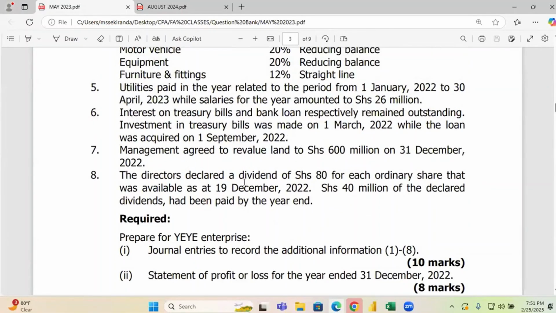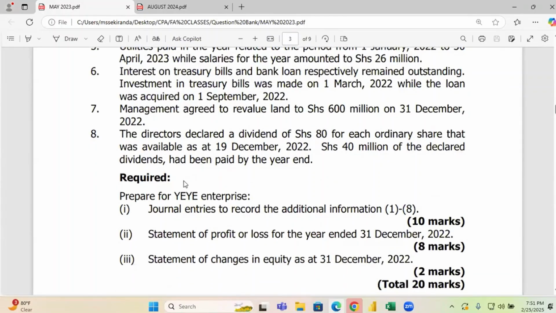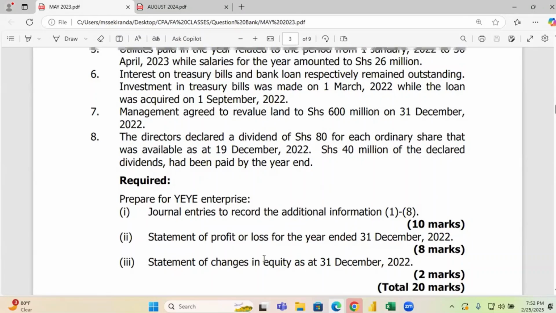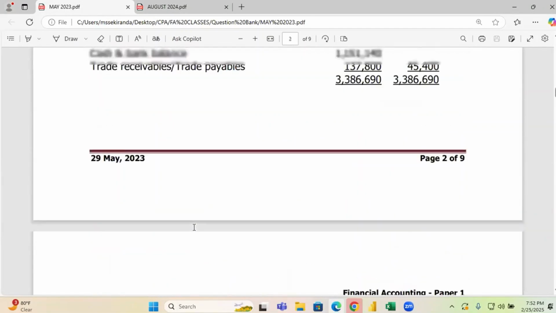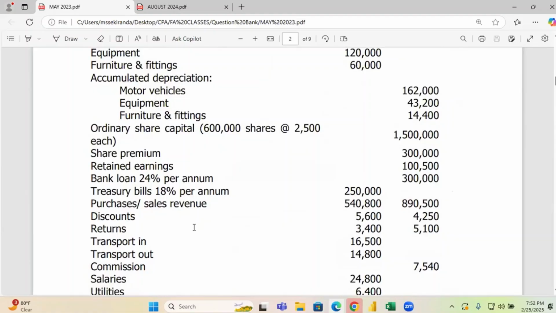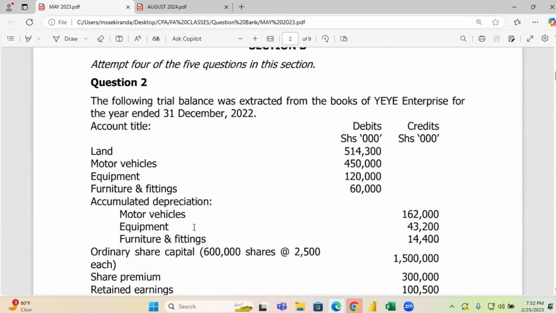Because I told you I'm closing presentation today. We've so far seen how to incorporate provisions for doubtful debts. Now, statement of changes in equity. Please, guys, practice these things. They are not very hard once you practice them. Let's rest for around 7 minutes. At exactly 8, I'll be resuming.